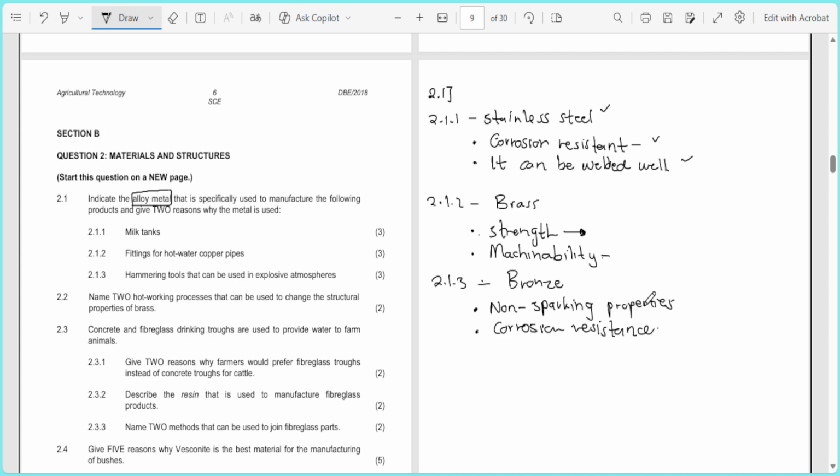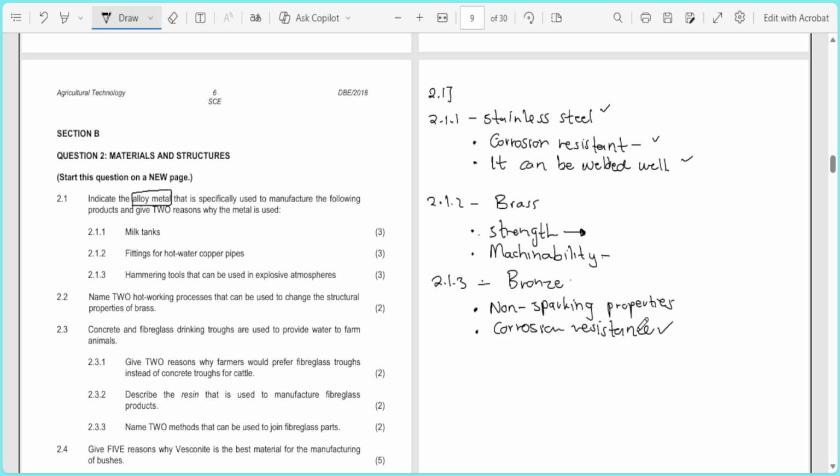I think this is a somewhat common reason that you can provide, especially in questions that involve alloys. Now, bronze offers durability under heavy use while resisting rust in humid and corrosive farm environments. That is why we are saying it is corrosion resistant.